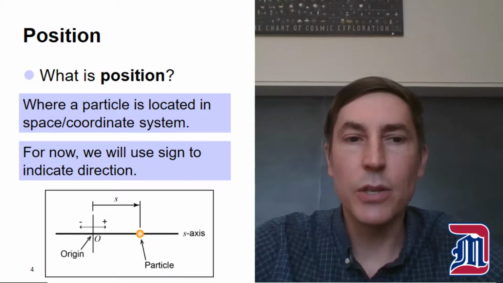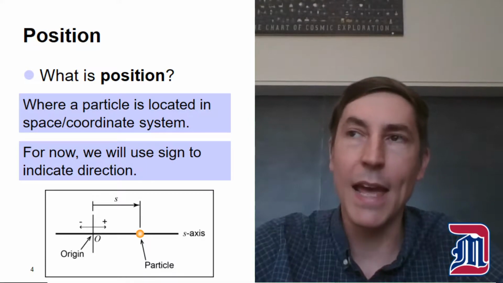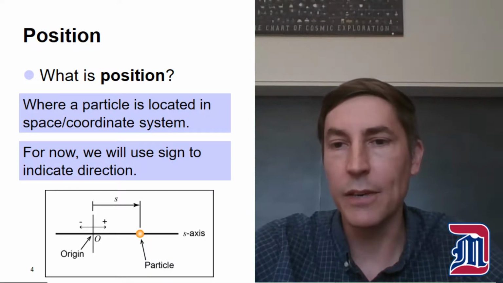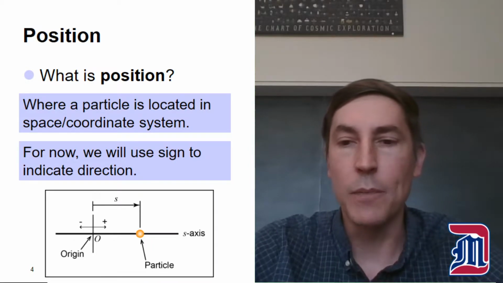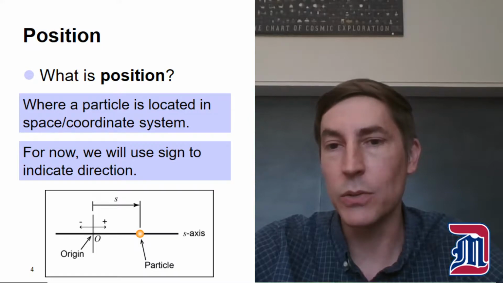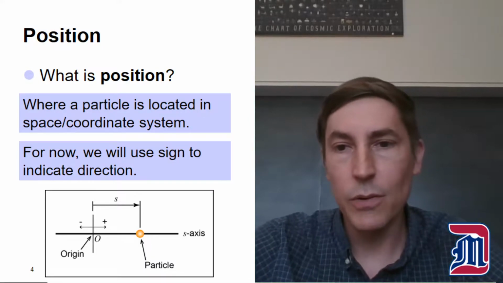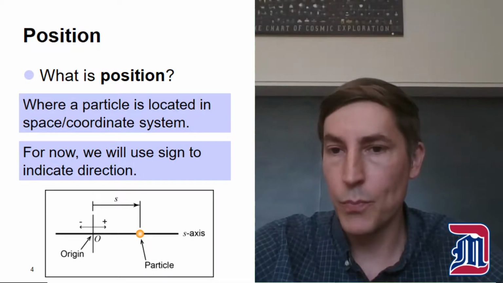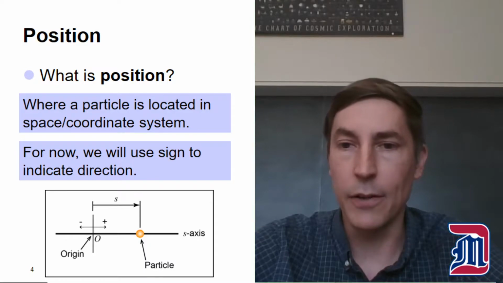In this case, position is a vector. Position has magnitude and direction. When I told you where I lived, I said I'm 45 miles southwest of Detroit. So the 45 miles is the magnitude, the southwest is the direction. For the rectilinear motion case, position is still a vector, but we're going to write it as if it were a scalar.